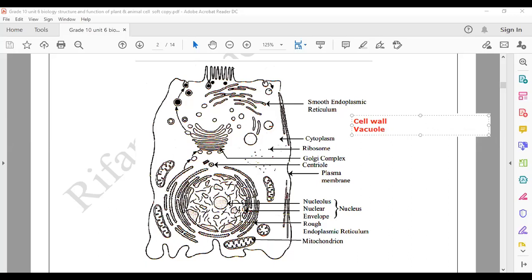In the vacuole, who two are coming? Tonoplast and cell sap are coming. Vacuole is present in the plant cell, not present in the animal cell. Third, it is chloroplast, found in the plant cell, not found in the animal cell.